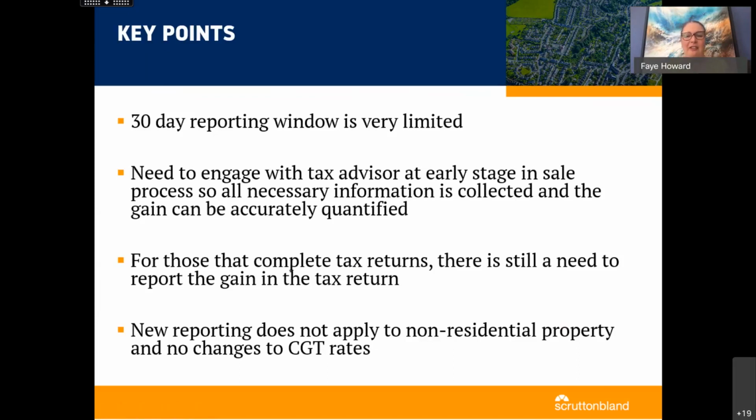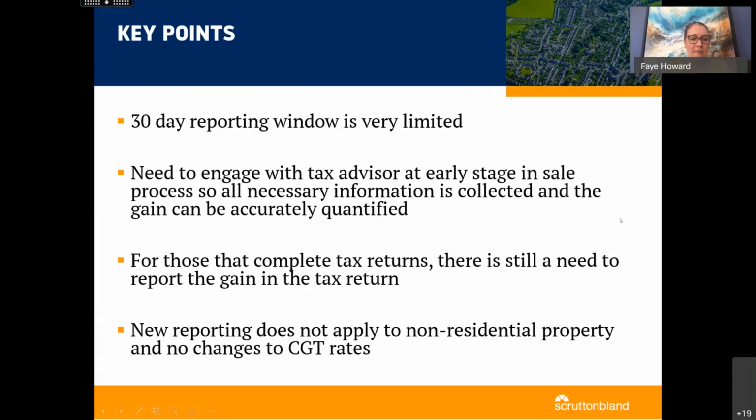And the tax return is the document where essentially everything for the tax year comes out in the wash. So we'll know by the point at which the tax return is done what your income is, what your gains are, what your losses are. So we will have an accurate picture of the tax, and then any over or underpayment from the 30-day reporting will be adjusted at that point.